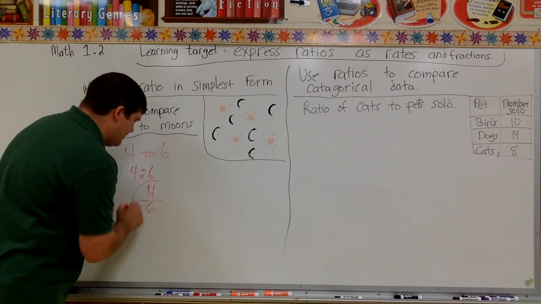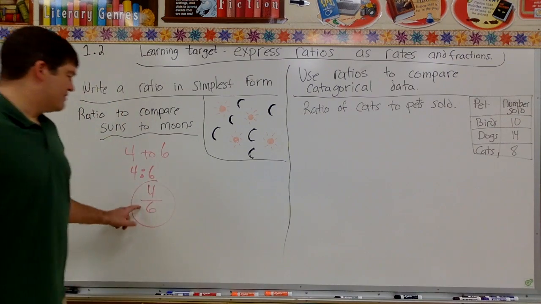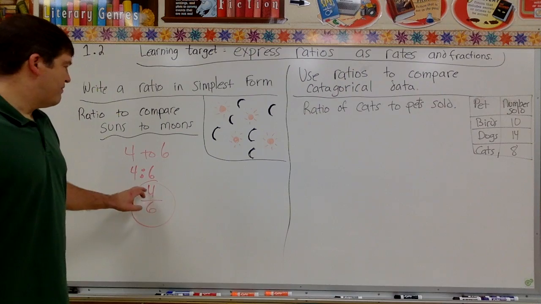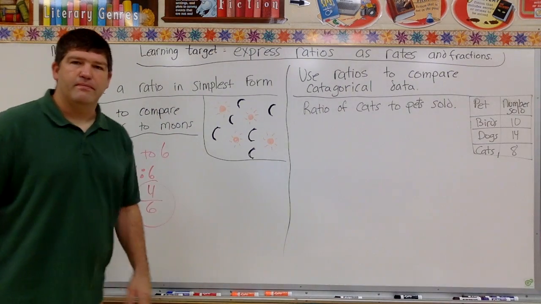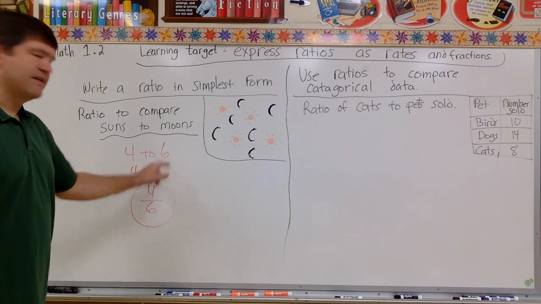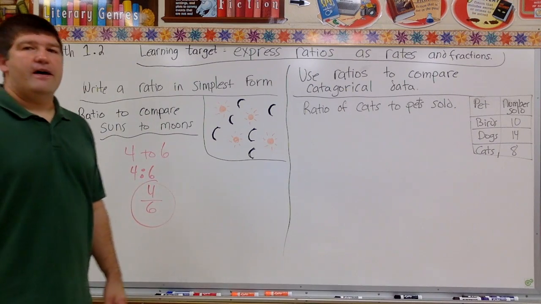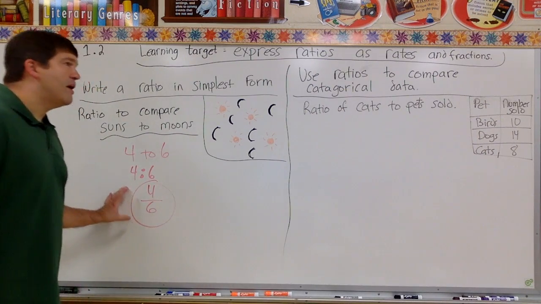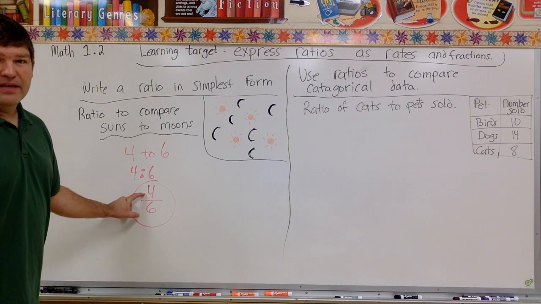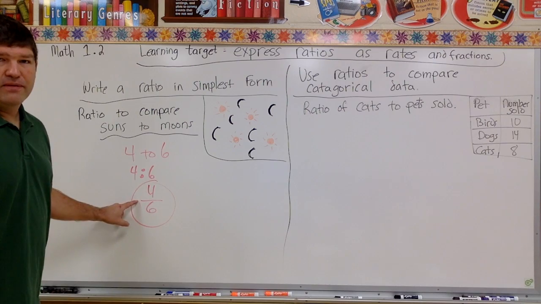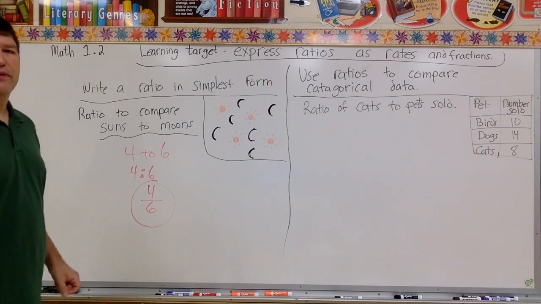So for every 4 suns, there are 6 moons. 4 to 6. So I have my rate here, and it's in a fraction form, but I want it in its simplest form.